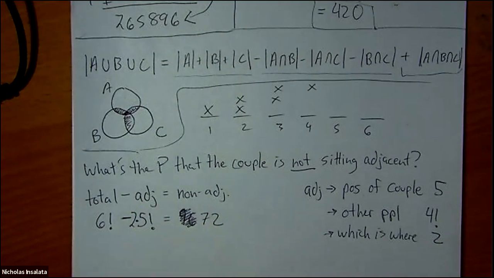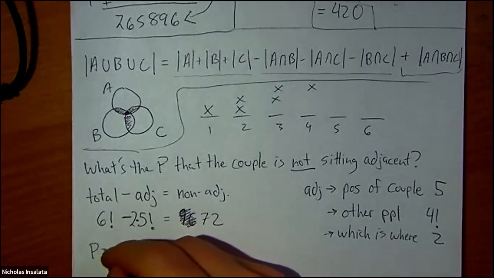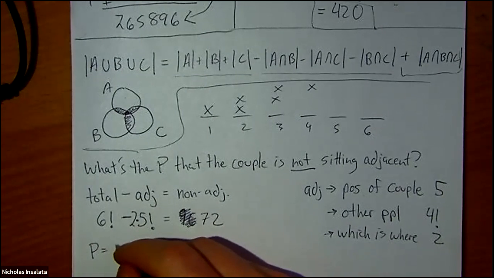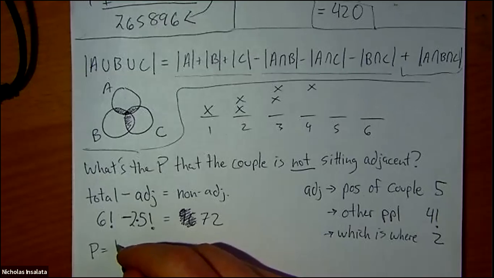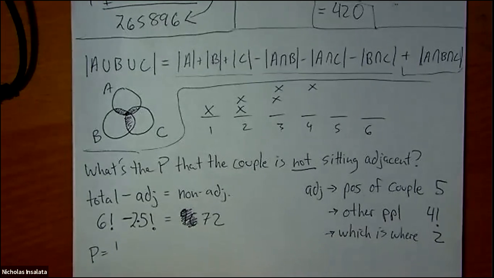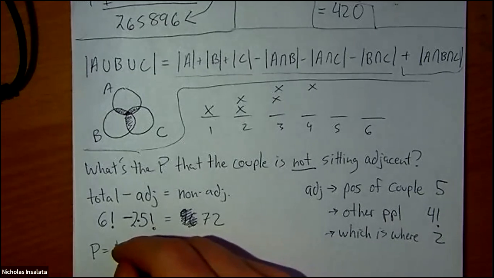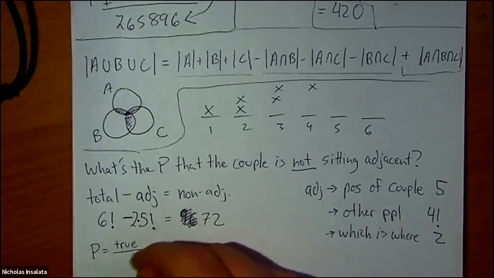Okay, is that right now? I think so. So how would we compute our probability then? Our probability, of course, is equal to the number of successes, or the number of true outcomes, divided by the total number of outcomes, right?